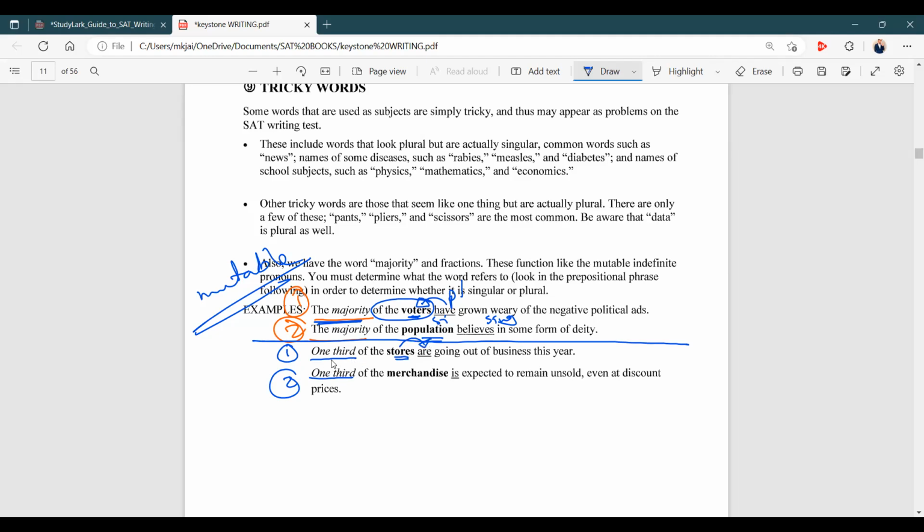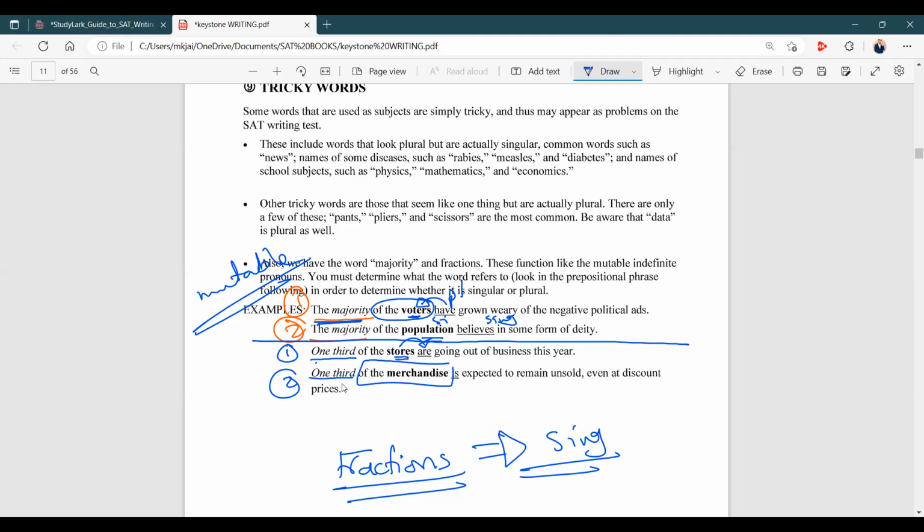Yes, okay, so I'm not saying 1/3. I'm talking about 1/3 of. Okay, but if 1/3 is alone, what do you think? A fraction. Fractions are treated singular. Yes, Abdurrahman. Okay, but when they are followed by a prepositional phrase, in this case we have to consider the noun.